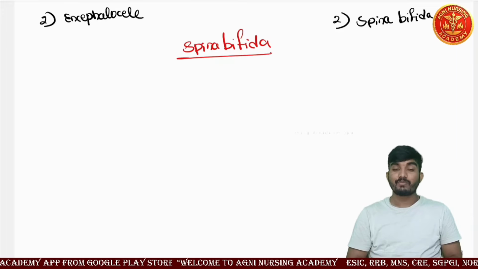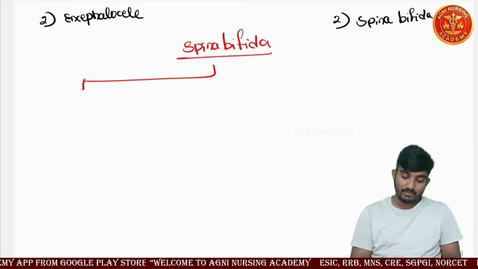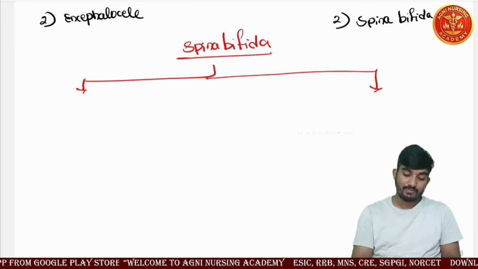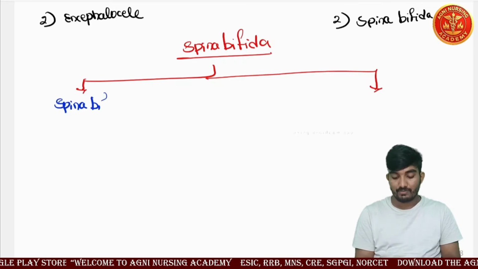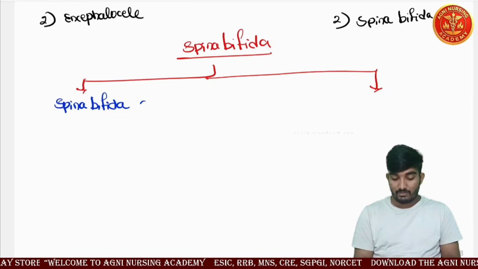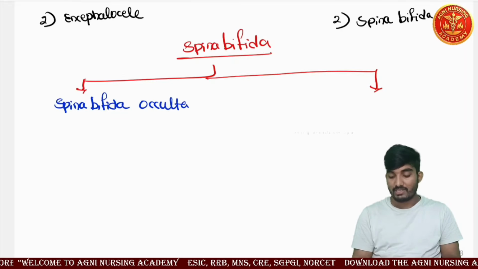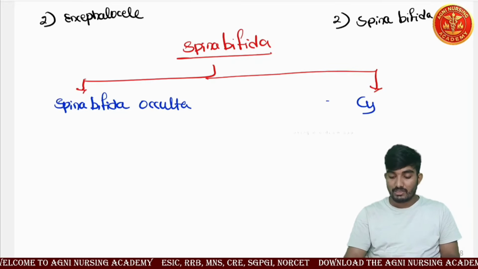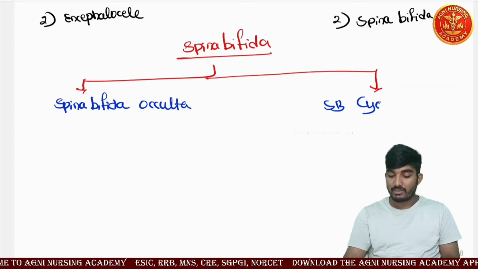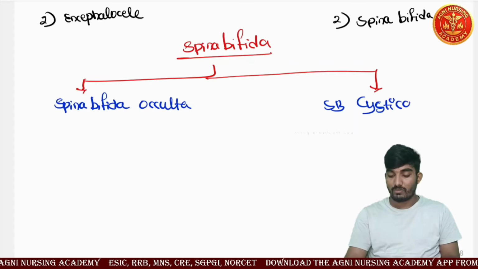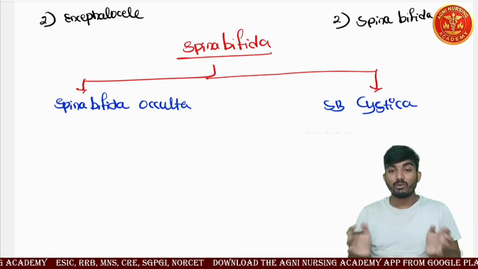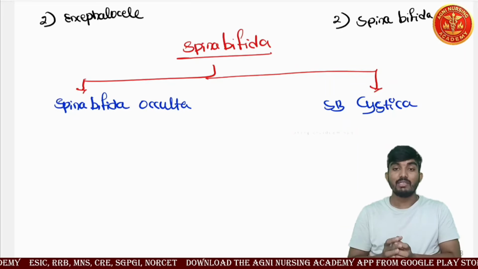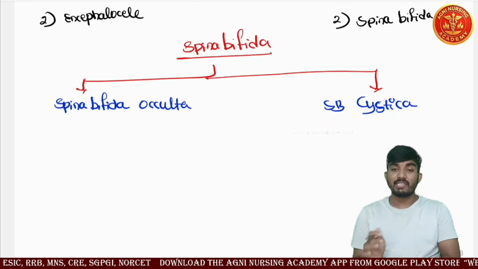Spina bifida, I told you there are two types. One is spina bifida occulta, and the second one is spina bifida cystica. In the case of spina bifida occulta, an abnormal opening is present in the vertebral column, but the skin is intact.